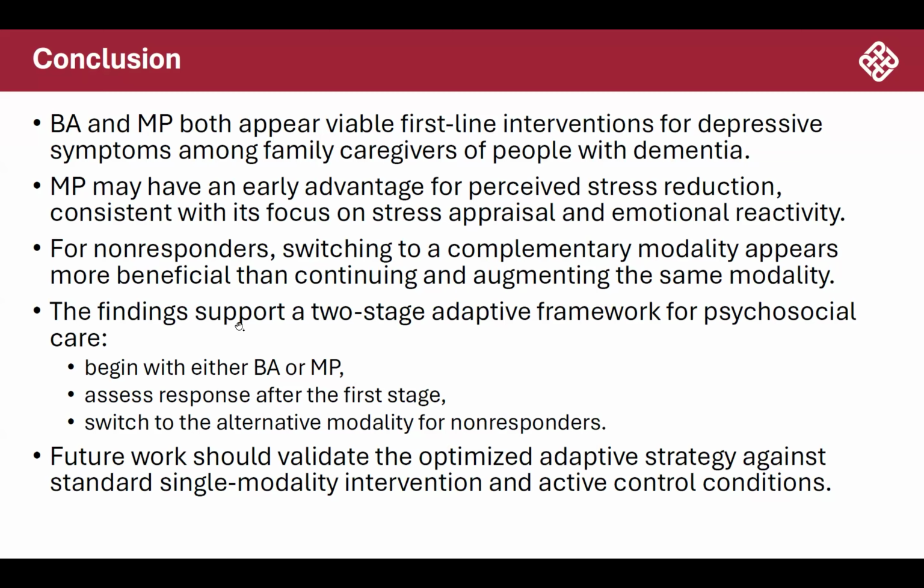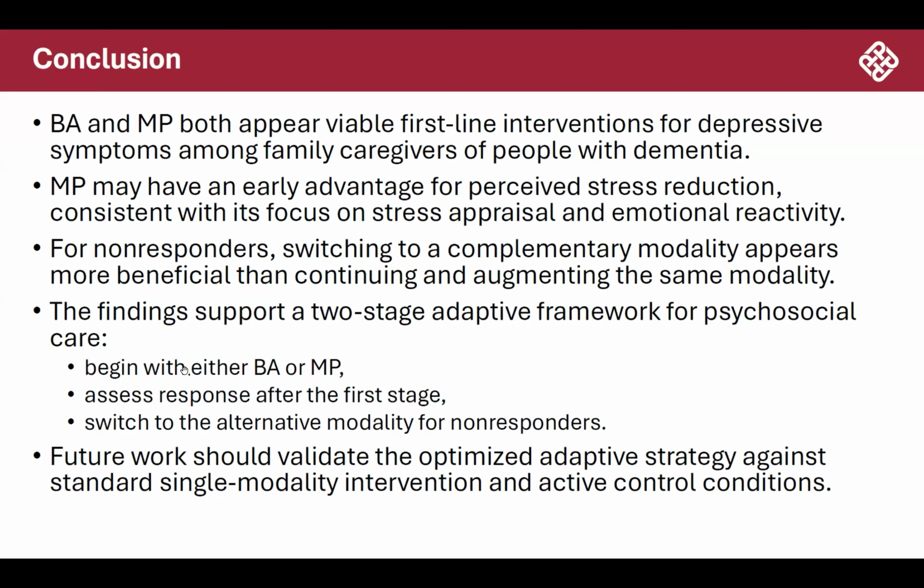Actually, this finding supports us to develop a two-stage adaptive framework for psychosocial interventions. In our analysis, we further analyzed the algorithm by identifying some demographic data. Based on that data, we can determine which caregiver should start with BA and which caregiver should start with the mindfulness practice.